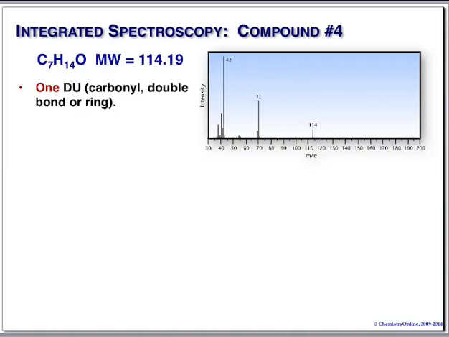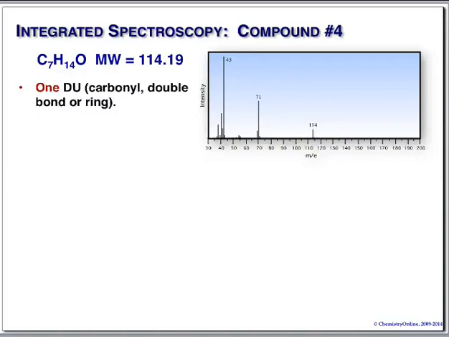If we look here, we see again our familiar friend at 43. That's either a propylium or isopropyl. We have our molecular ion, 114 minus 43 is what? 71.